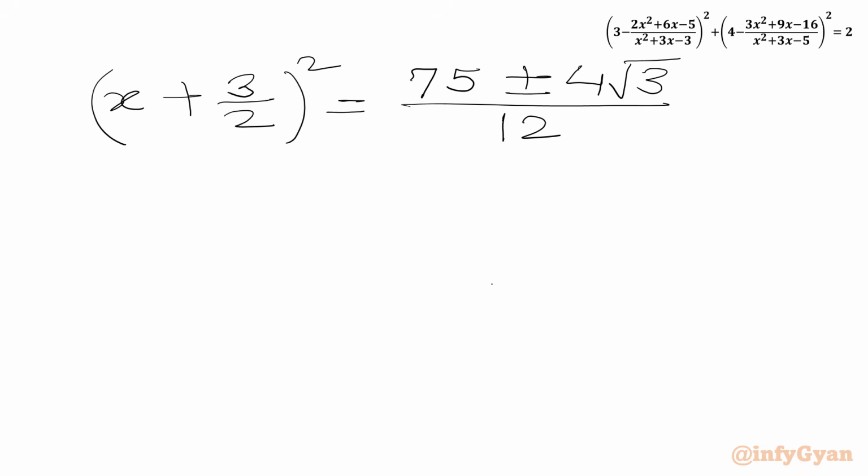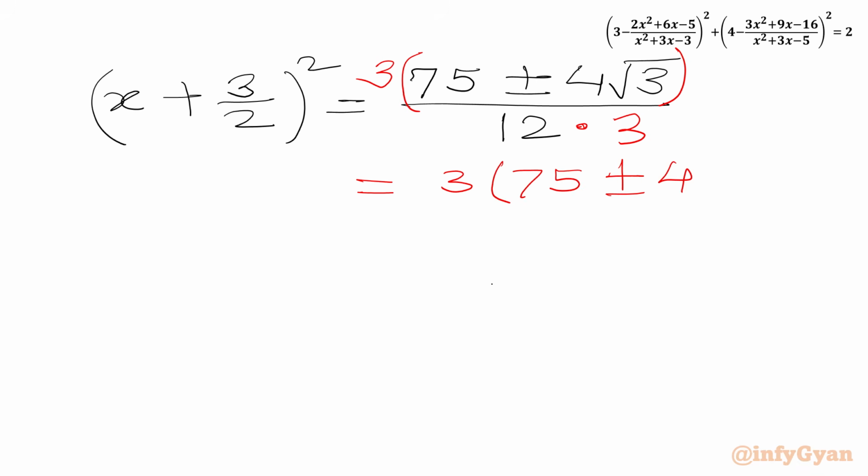Now can we generate one perfect square in denominator? Yes, 12 times 3 is 36. So let us multiply here with 3 in the numerator. So we can write equal to 3 times 75 plus minus 4 square root 3 in the numerator.